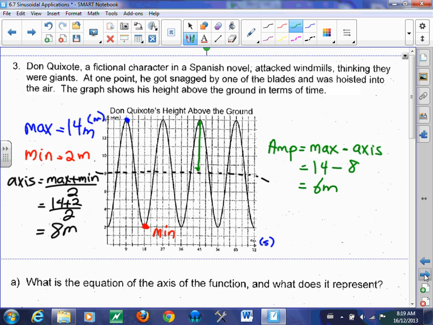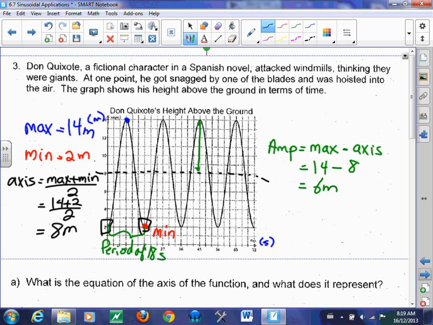Okay. So taking a look, if we go from 0 to 18, that tells us we have a period of 18 seconds. What I also want you to note, folks, is that if we're to do an equation, we're starting from our minimum to our minimum.